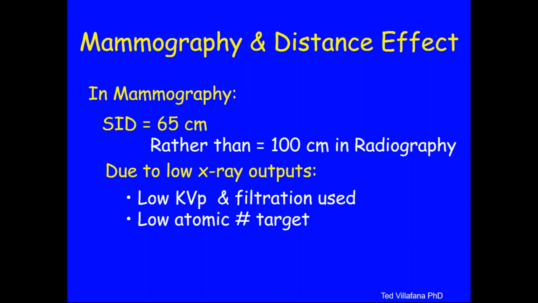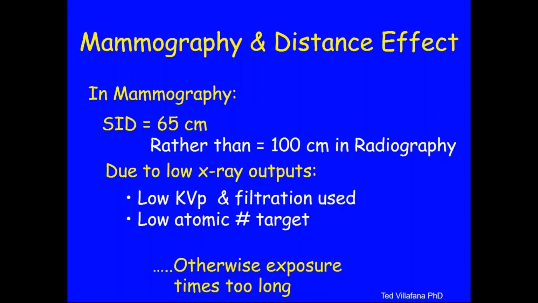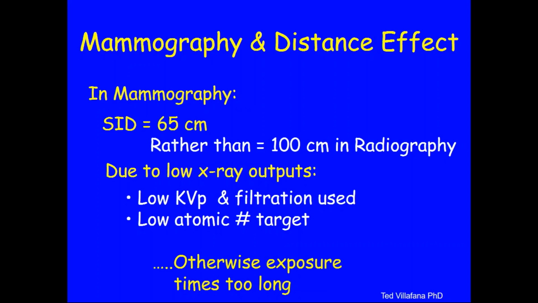So putting all of that together, you start out with low X-ray outputs, and then to boot, you have very little penetration out to the image plate. We have to go to a shorter distance, even though that produces more magnification distortions, but at least we minimize the motion problem, okay? And the motion comes about because of the otherwise long exposure time. Okay, moving on.